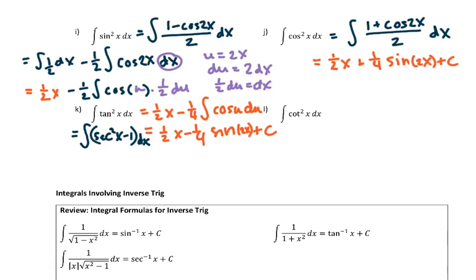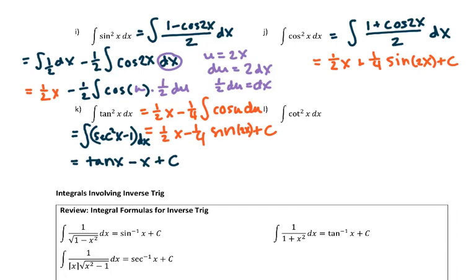Sorry, I'm so squished here. And so the antiderivative of secant squared is tangent x. The antiderivative of minus 1 is simply x, and then plus c. And so that should be it for that one.